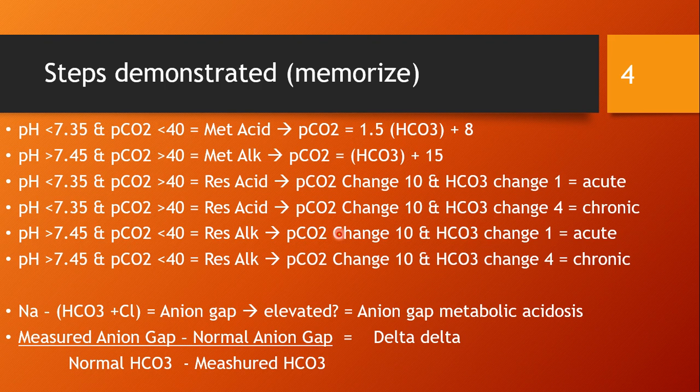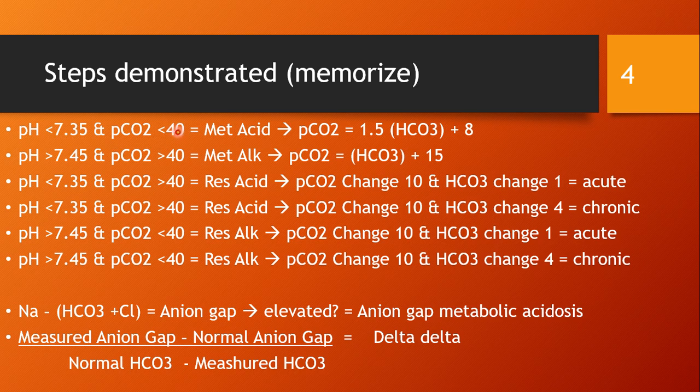Okay, so first of all here, this is kind of walking through it. The person has a pH of 7.35 and their PCO2 is less than 40, which means, in other words, they're not holding their breath and keeping all their CO2 in.